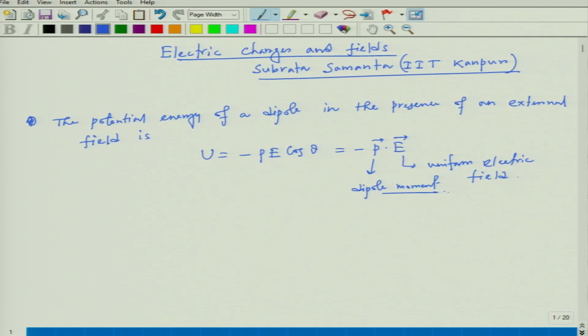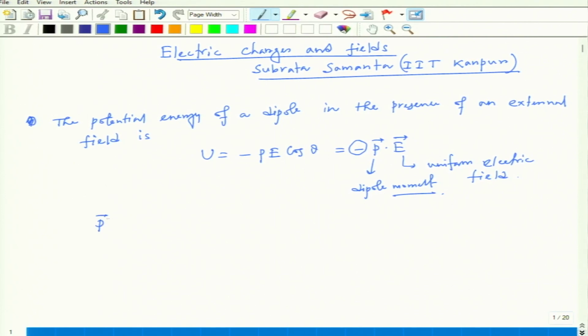What is the significance of this negative sign? When the dipole is parallel to the electric field, the potential energy is minimum.